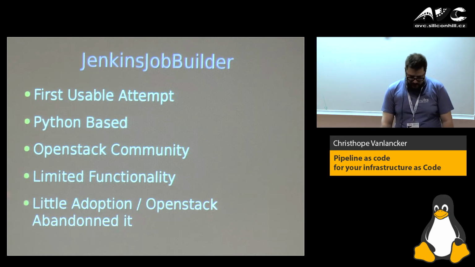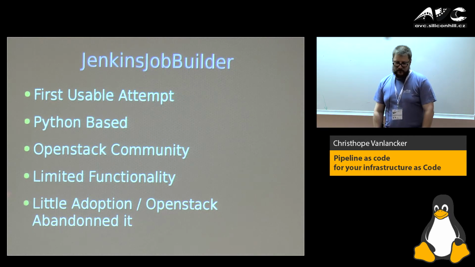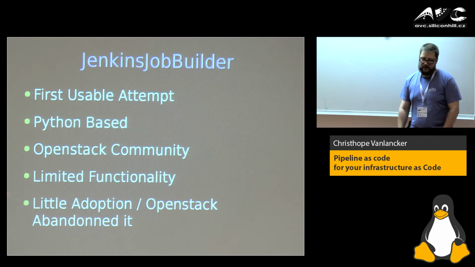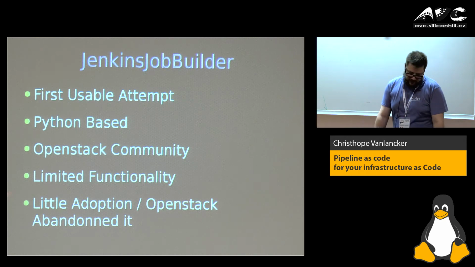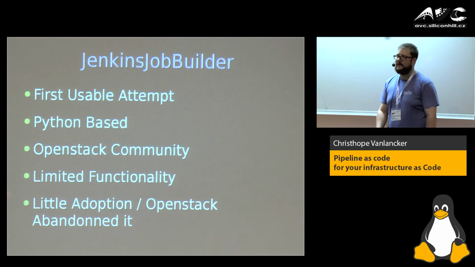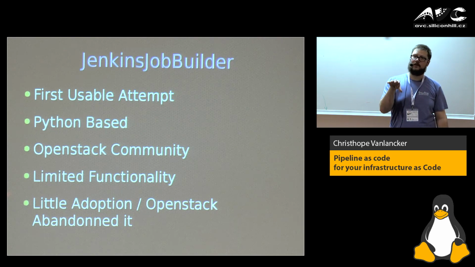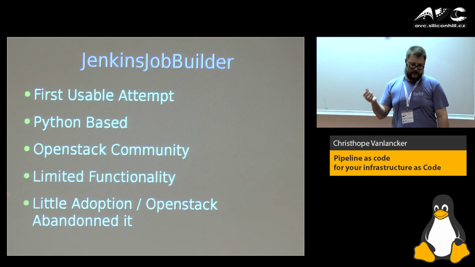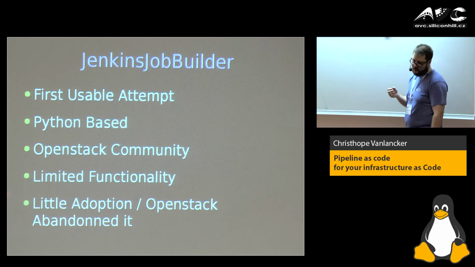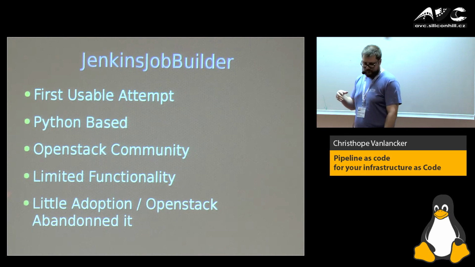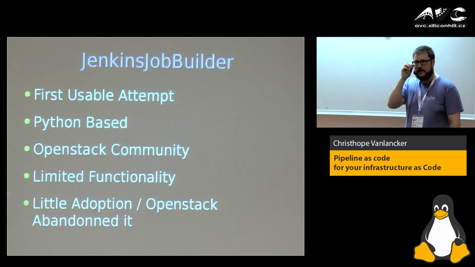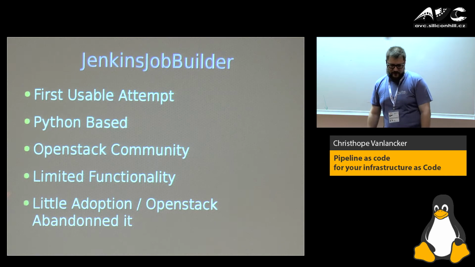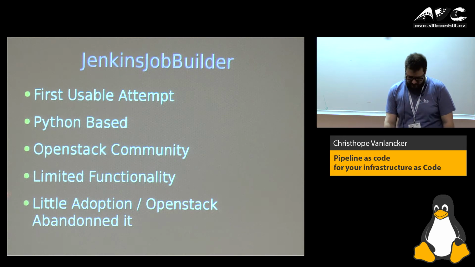We also explored the use of the Jenkins Job Builder. That's a Python-based tool made by the OpenStack folks. We saw that it had some limited functionality. For example, manually triggering a job was not in there. I tried to submit a patch for that, but it took way too long for them to accept it, and eventually even OpenStack abandoned it.